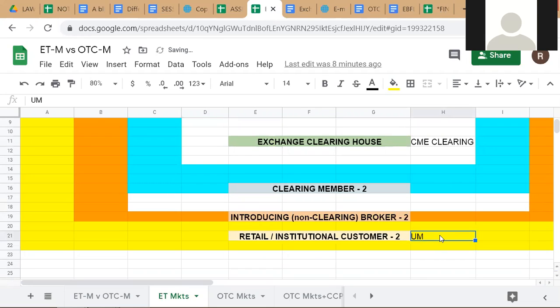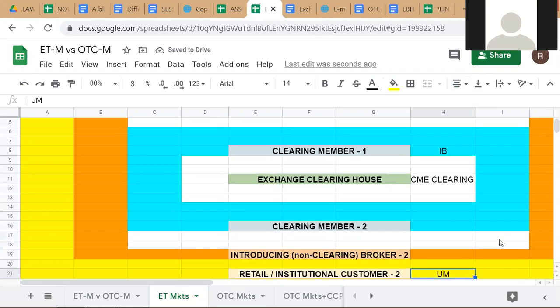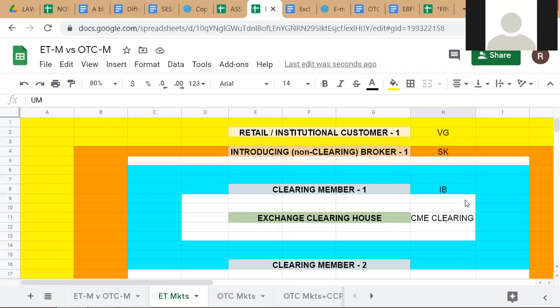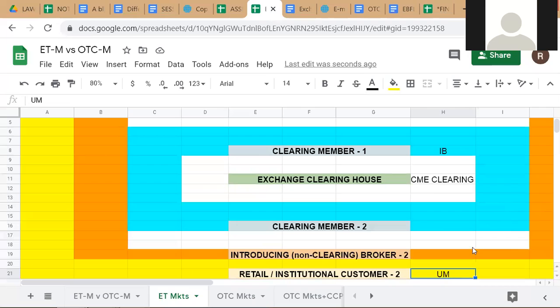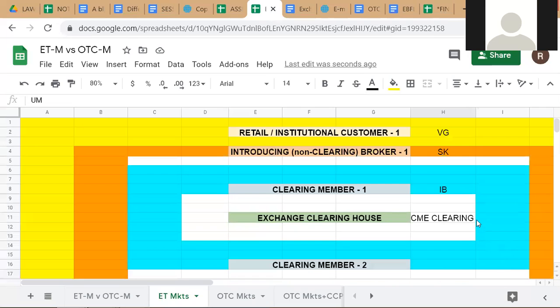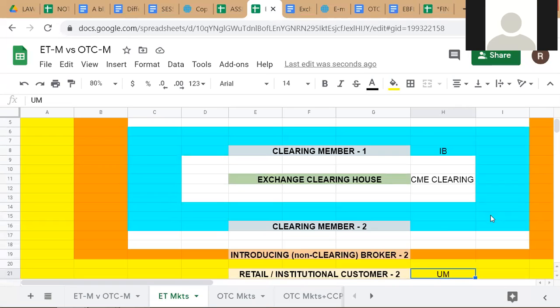Now Utsav doesn't know Vipul, and vice versa. So they don't want to be bothered with analyzing each other's credit risk. They just trade on an exchange. So then Utsav doesn't have to worry about whether Vipul will pay or not. He only has to worry about whether CME clearing is going to pay. So the transaction will happen.